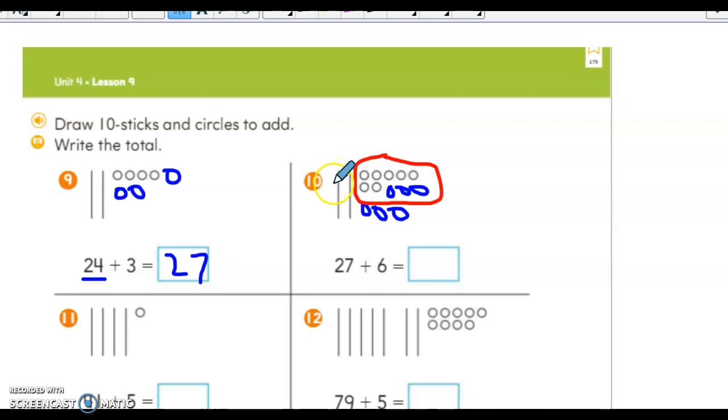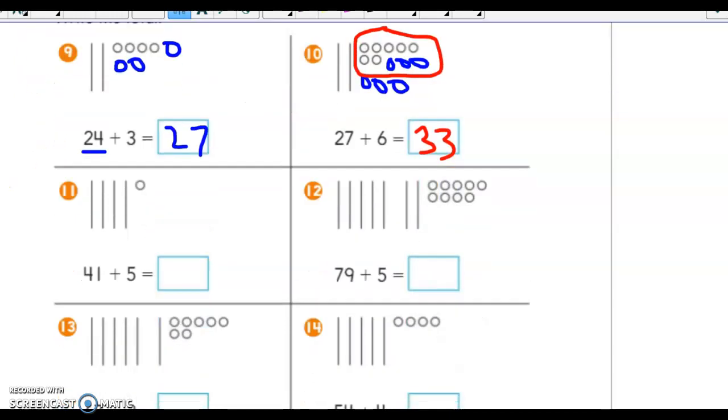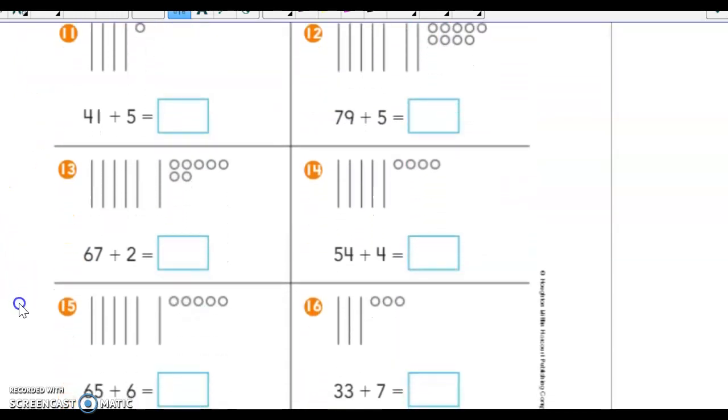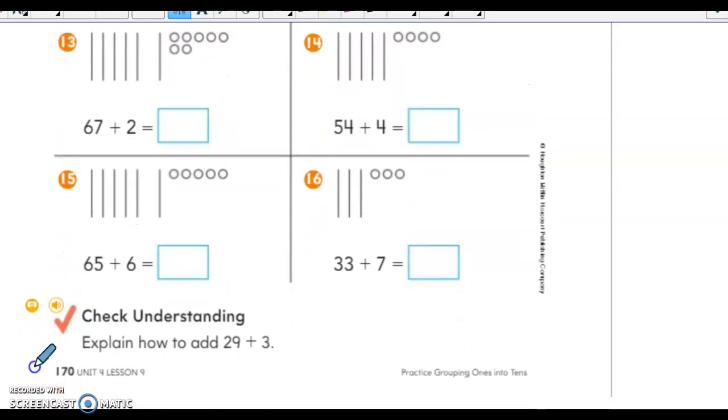So now we actually have 1, 2, 3 10s and 3 extra 1s. Can you count that with me? 10, 20, 30, 31, 32, 33. 33. Good.